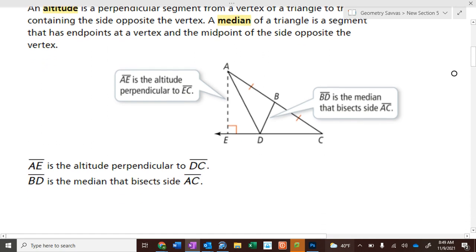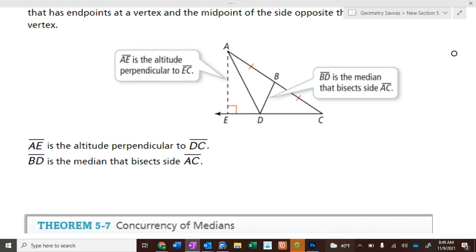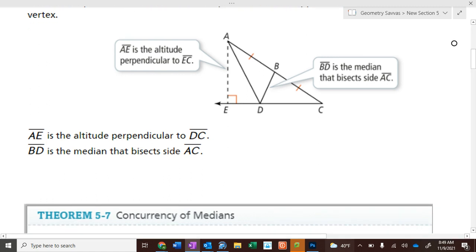Okay. So A is an altitude and it's perpendicular to the opposite side DC. BD is a median because it bisects the opposite side AC.